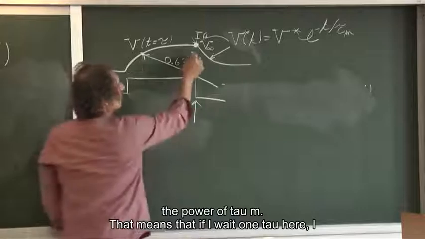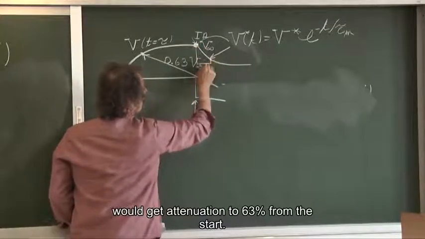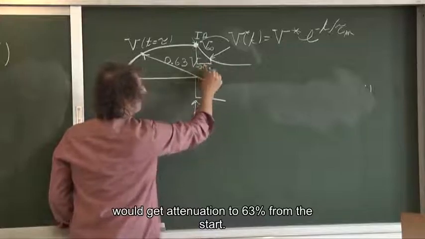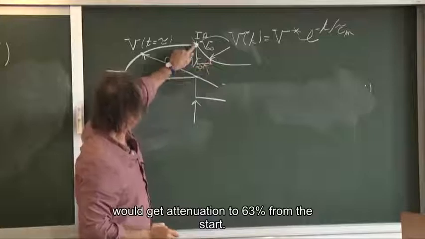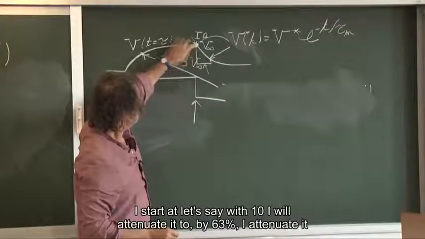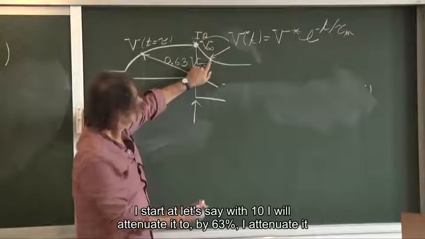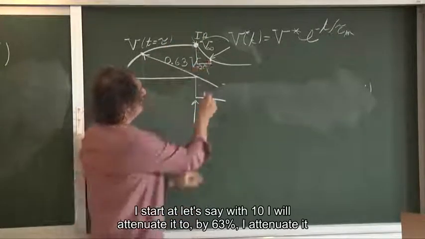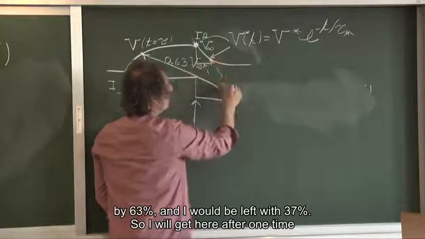That means that if I wait 1 tau here, I will get attenuation by 63% from the start. I started, let's say, with 10. I will attenuate it by 63%, and I will be left with 37%.